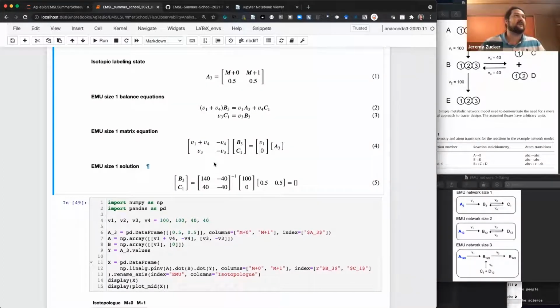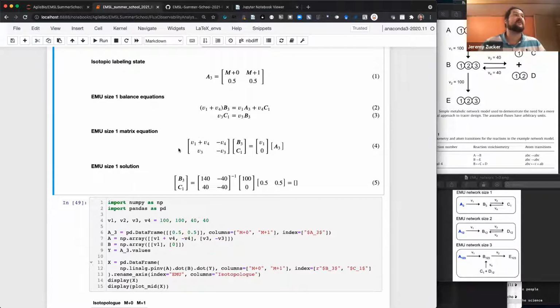So we just plug in the flux values. We know that V1 is 100 and V4 is 40, and that's what this shows right here. And likewise, minus V4, minus V3, so these are all 40, 40, negative 40. We multiply those by this flux V1, which is 100.